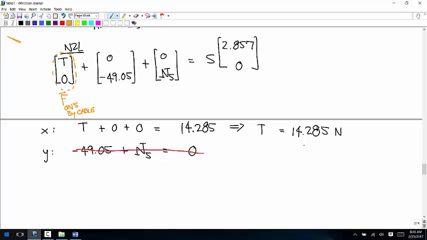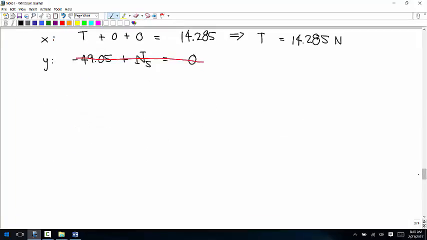So now we just have to take this T value and plug it in there. So the force on the 5 by the cable is equal to 14.285, 0. Any questions about that?